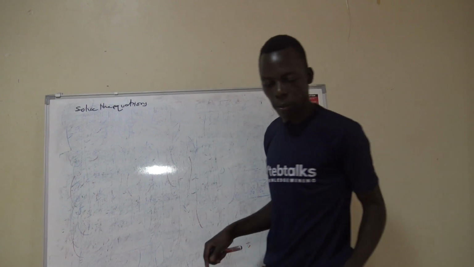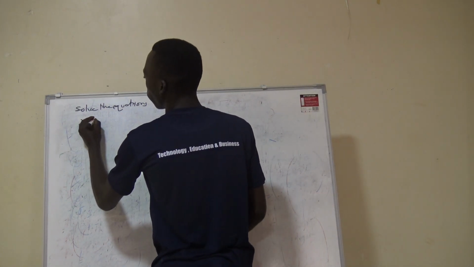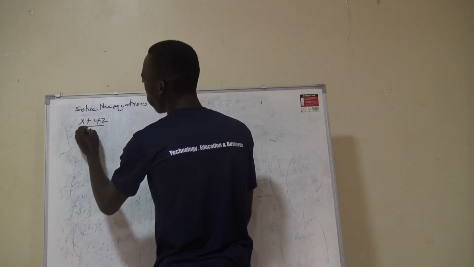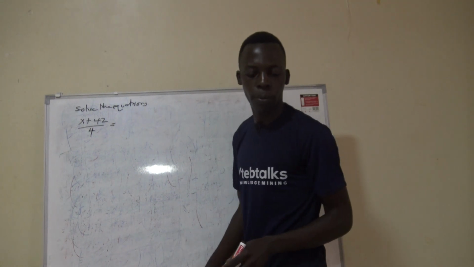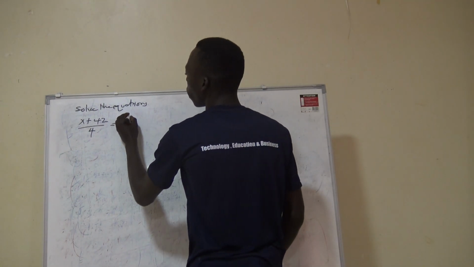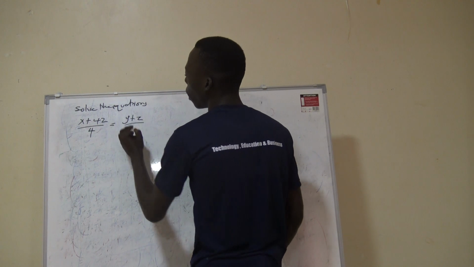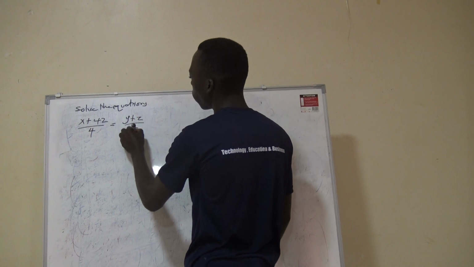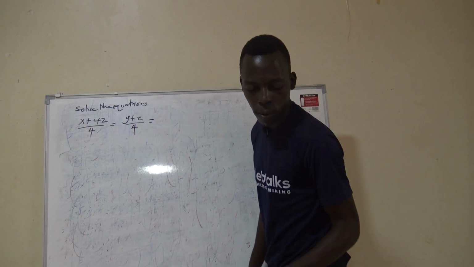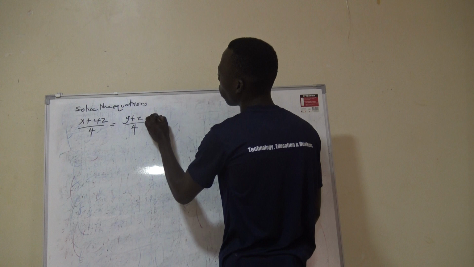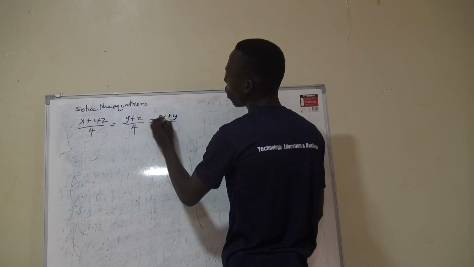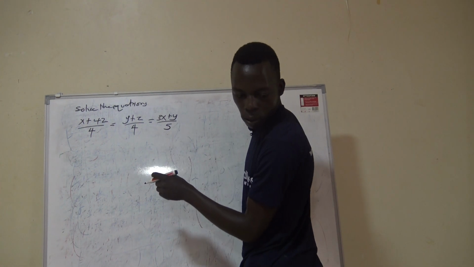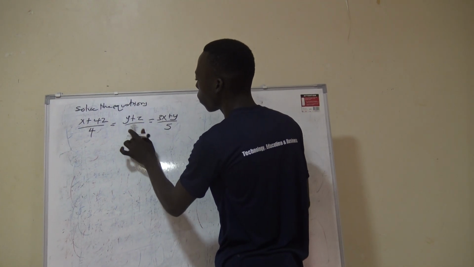Equation 1 is (x + 4z)/4 = (y + z)/6 = (3x + y)/5.